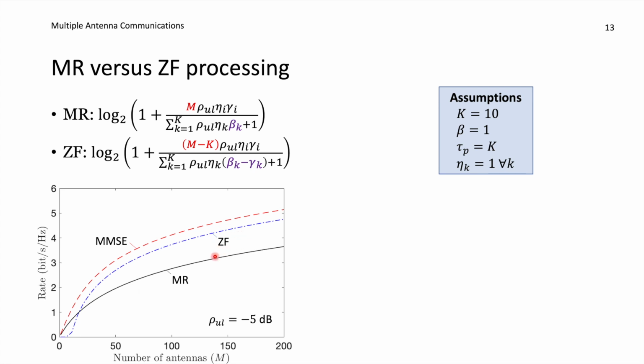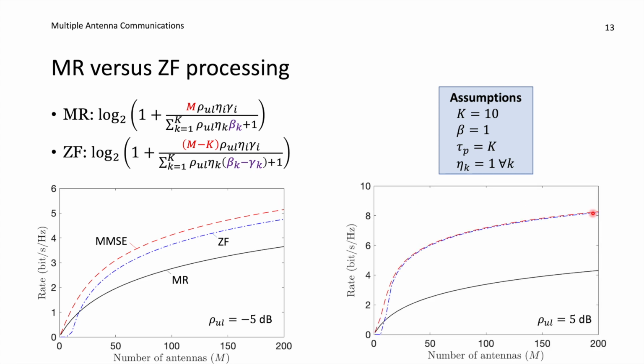When it comes to zero forcing, we need at least 11 antennas before M minus K becomes a positive number. That also means that when we have too few antennas, zero forcing doesn't work particularly well, and notice that we are actually operating at lowest null already. But when we add more and more antennas, zero forcing beats maximum ratio processing and becomes closer to MMSE, but there's still some gap.